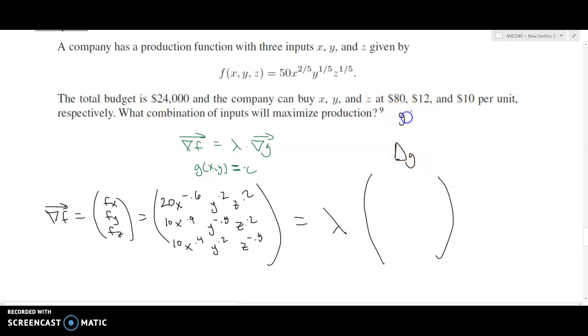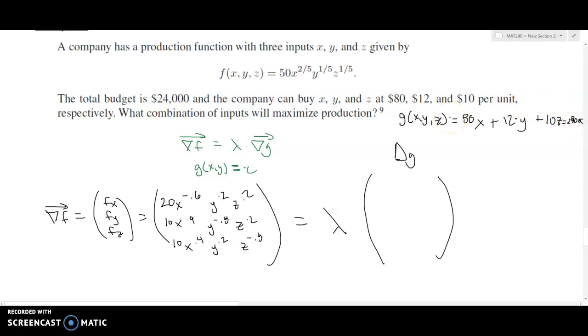G of x, y, z is the overall expenditure, or the total spent on producing these. So it's 80 per unit of x, but we're going to have x units of it, so 80 times x plus 12 per unit of y times y units plus 10z, and that has to equal 24,000.